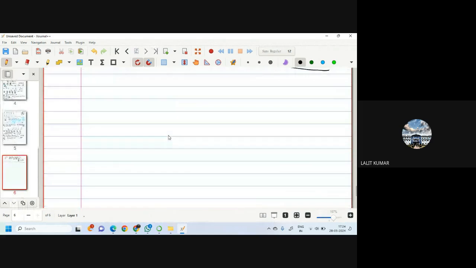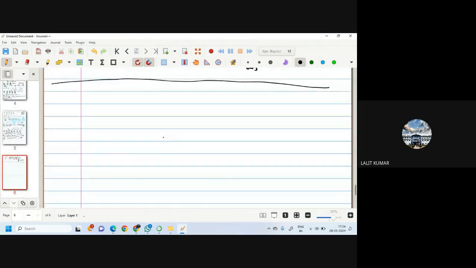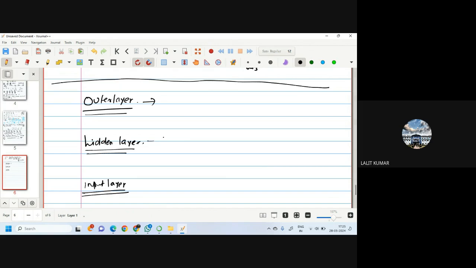In that case, I can give you some tips. You write the output layer, then the hidden layer. We have taken two hidden layers, but you just think of only one hidden layer and the input layer. In the output layer, what we had got was y hat minus y. The size was, for example, 2 into 1.